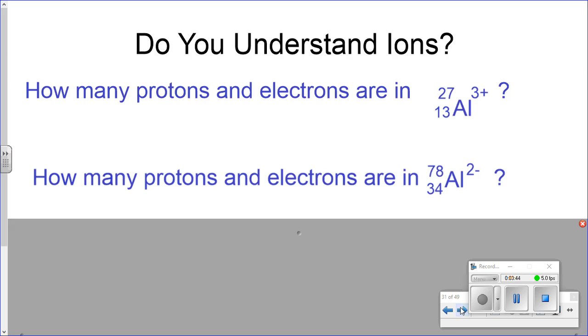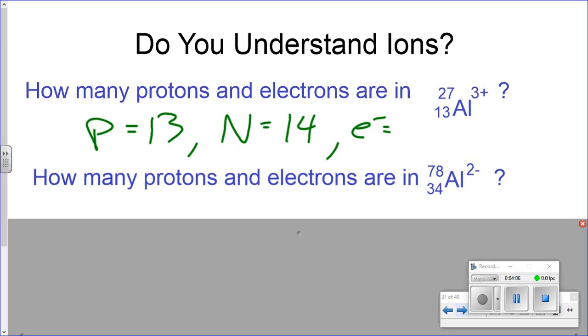So if we're talking about ions, how many protons, neutrons, electrons are in this form of aluminum? And this aluminum is Al3+. So protons, it's aluminum, so it has to have 13 protons. Neutrons, 27 minus 13 is 14. Electrons, okay, be careful here.